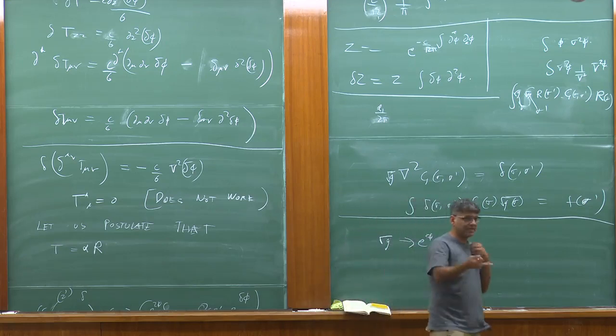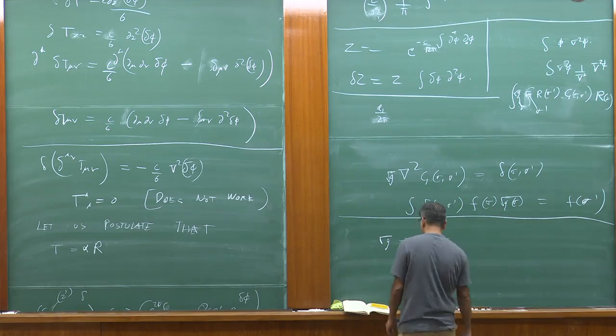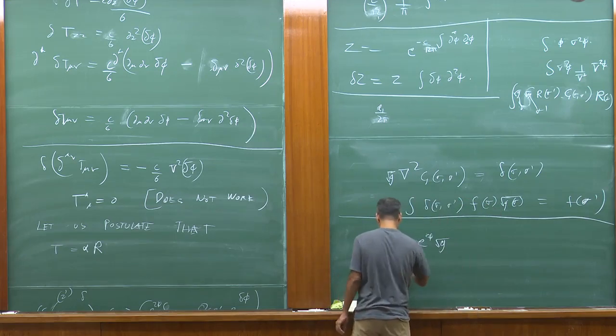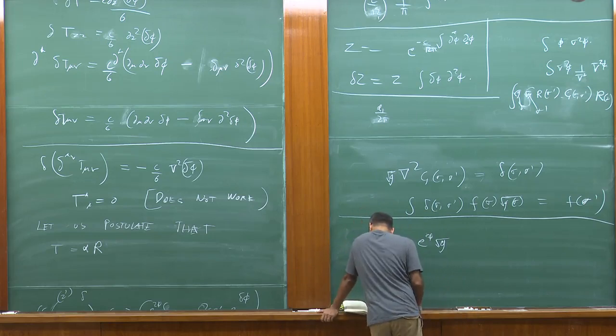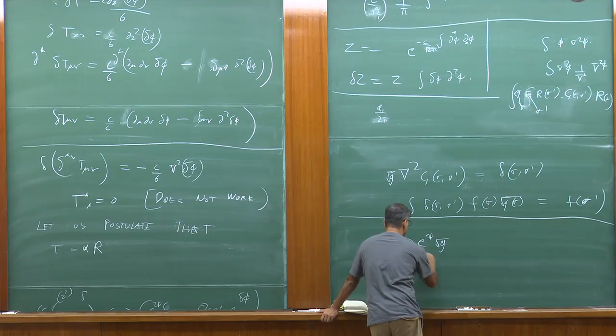Because G transforms like e to the power 2 phi, and there are two components in G. R transforms like G upper, so e to the power minus 2 phi.